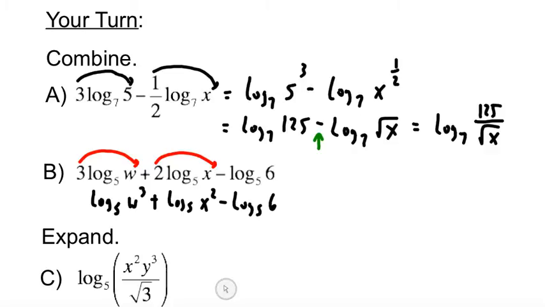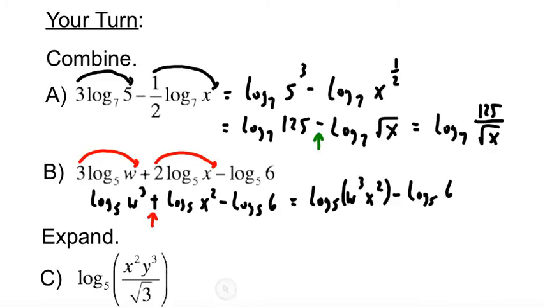All right. So the first thing I see there is I've got an addition sign between those two. So I'm going to put those first two together using multiplication. So log base 5 of w to the third times x to the second. And then I still have a minus log base 5 of 6.